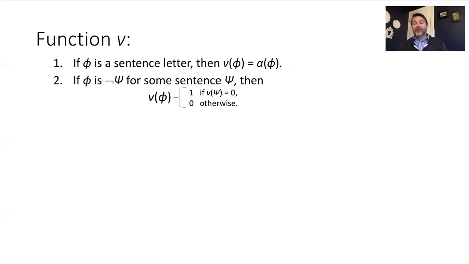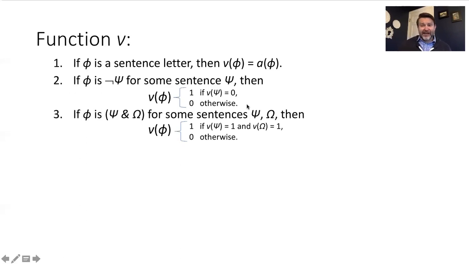So if whatever sentence is symbolized by psi is false according to alpha, which assigns values to atomic sentences, then the value of phi is going to be 1 if the value of psi was 0 in alpha. And otherwise, the value of phi will be 0.